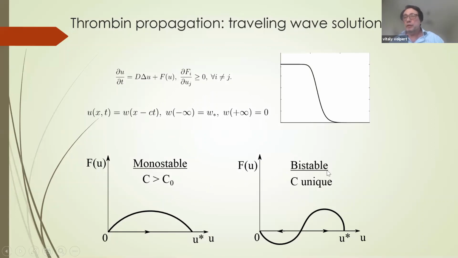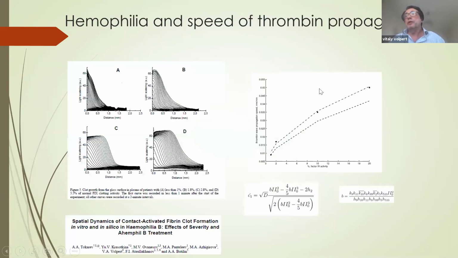It appears that for the process of blood coagulation, it corresponds to the bistable case. There is a unique wave propagating with some speed c, which can be determined in experiments and also in modeling.